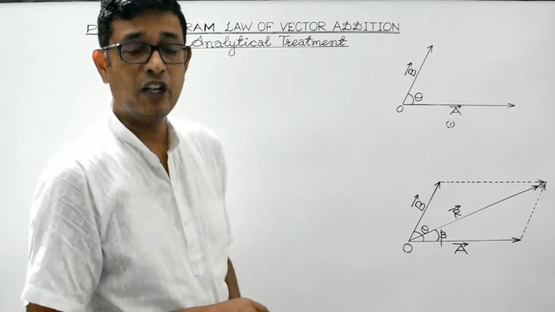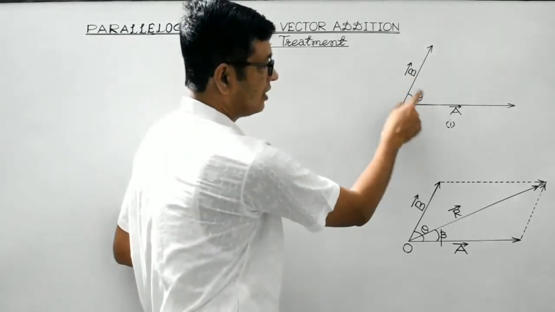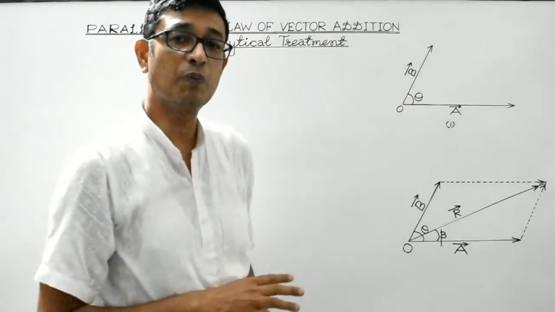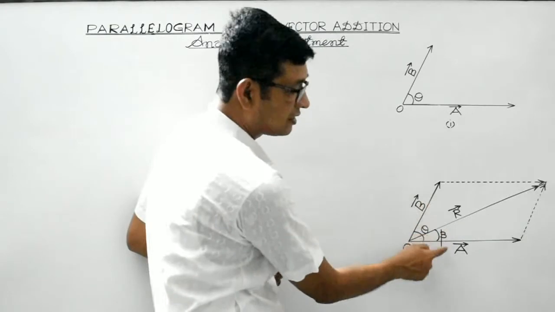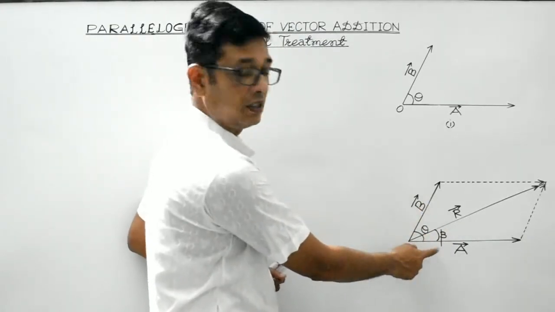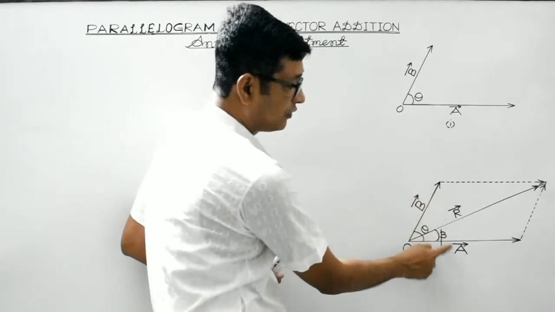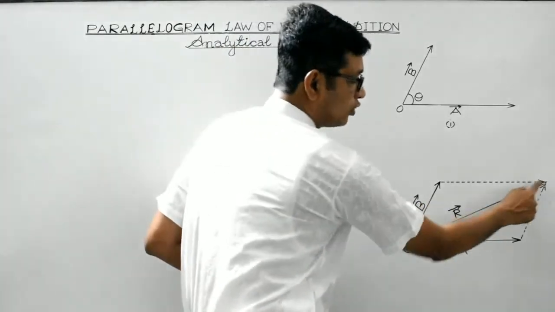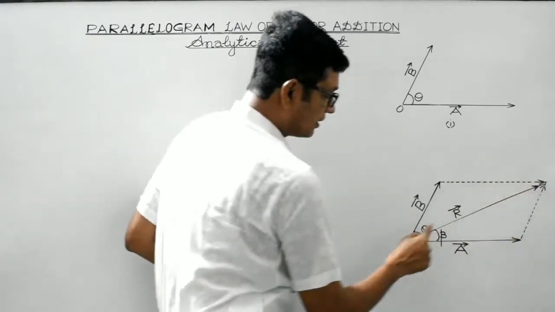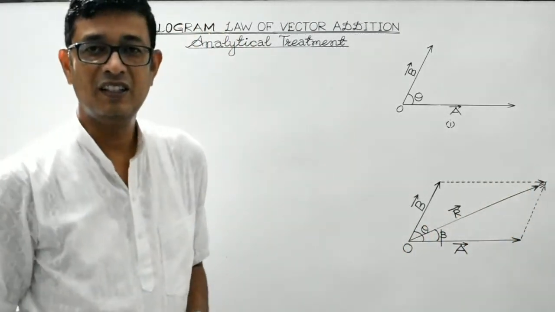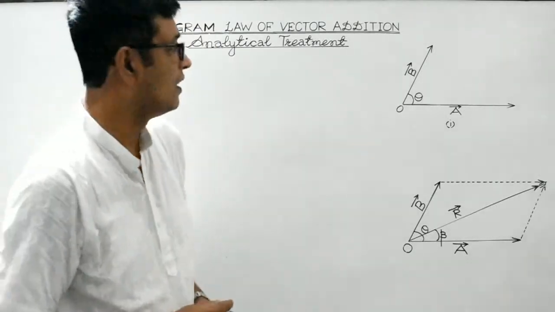Parallelogram law vector addition states that if these two vectors acting at a point or particle simultaneously are represented by the two adjacent sides of a parallelogram acting at a point, then the vector resultant of these two given vectors, both in magnitude and direction, will be given by the diagonal of this parallelogram passing through the same point. That's the statement of parallelogram law vector addition, right?